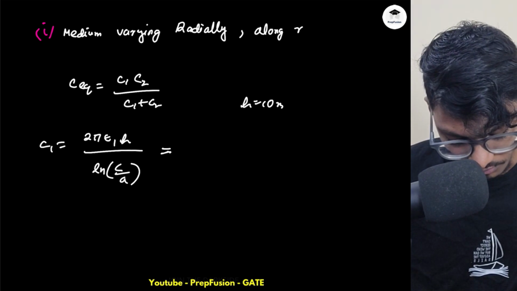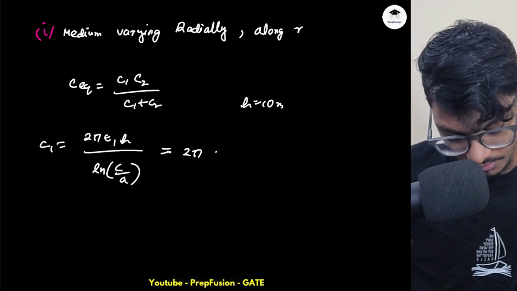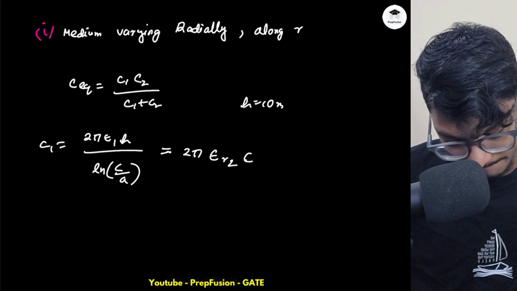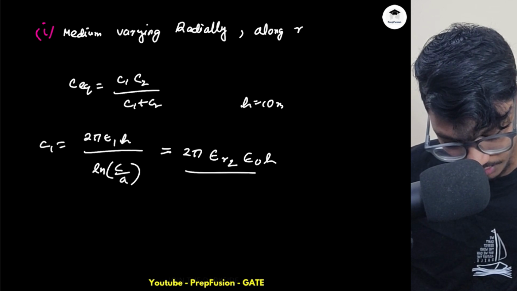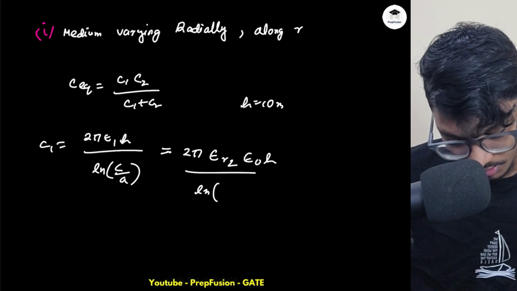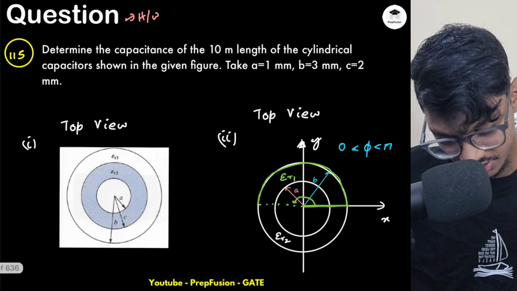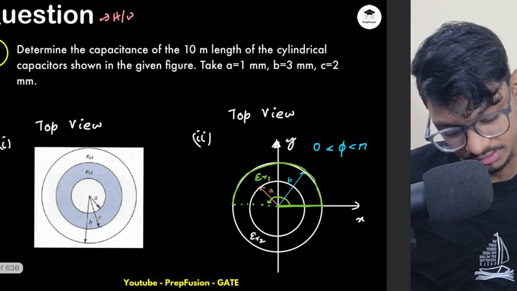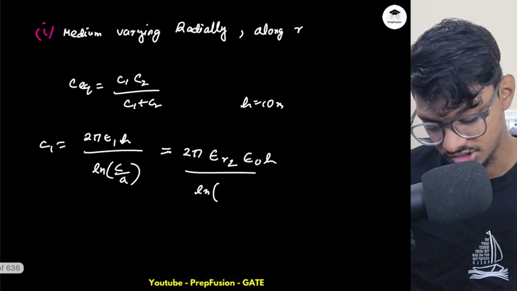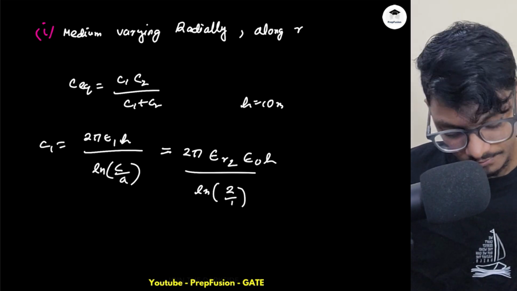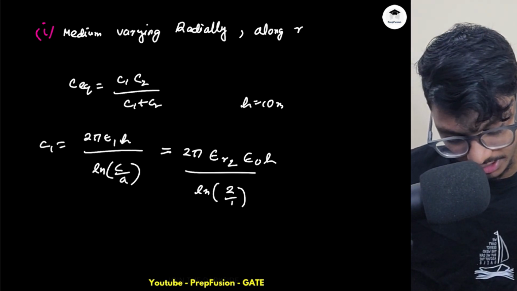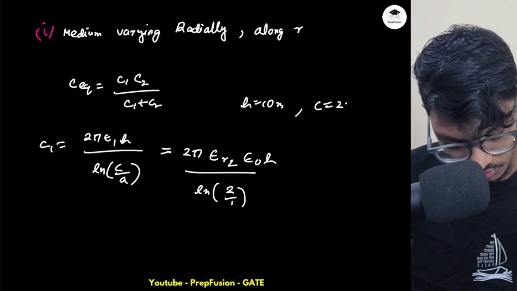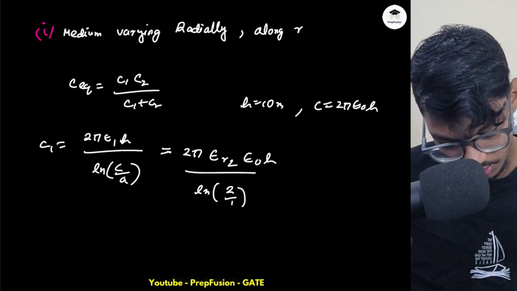So 2 pi epsilon R2 epsilon naught H divided by ln C by A. As they are in ratio, I can choose both in millimeters, no worries. Millimeter units would get cancelled. C by A is 2 by 1. So I can again write C is equal to 2 pi epsilon naught H.